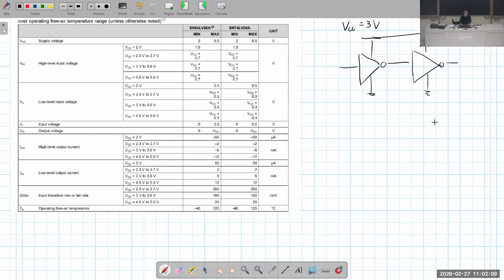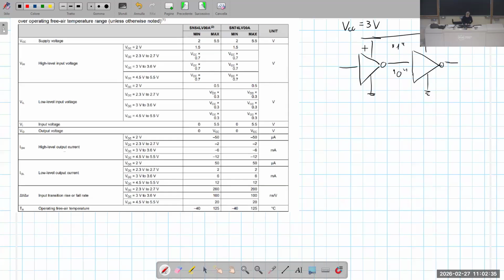No? We want to see if we can connect these two gates together and the two gates can successfully exchange digital information. What should we check? Well, we should check the compatibility of the logical level at the high value and at the low value.